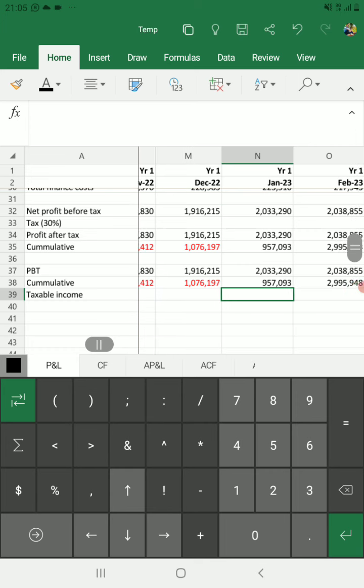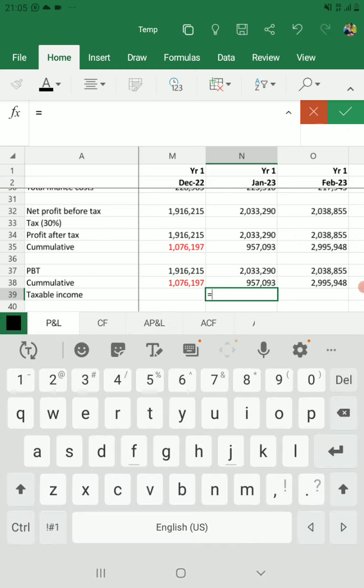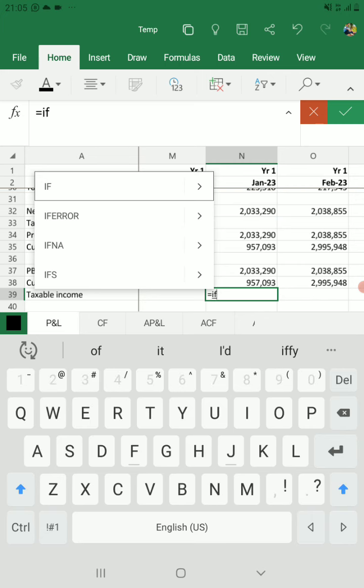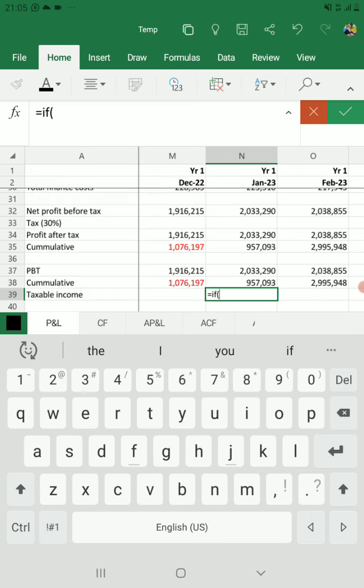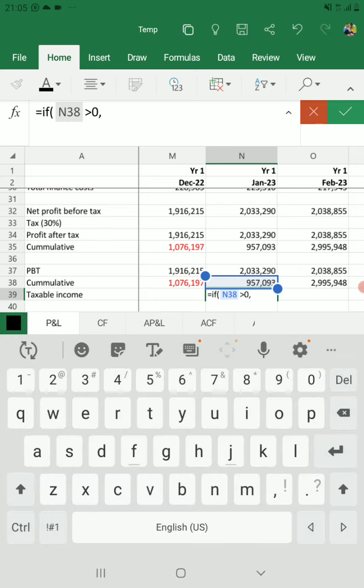Okay, so I can put a formula here, start with equal sign, and say IF, open the bracket, this cumulative figure here is greater than 0, put comma, and start with IF again.